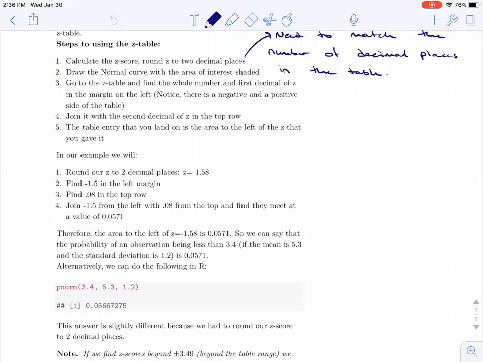I've got those steps in here. My negative 1.5, join it with 8, and we find that they meet at a value of 0.0571. So from that, we can say that the probability of an observation being less than 3.4, where the mean is 5.3 and the standard deviation is 1.2, just in case you forgot the question, is 0.0571.